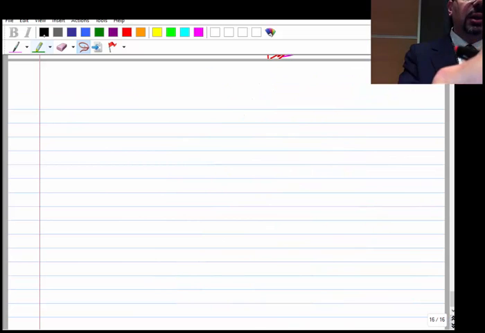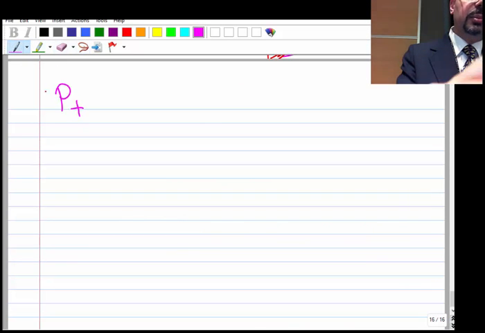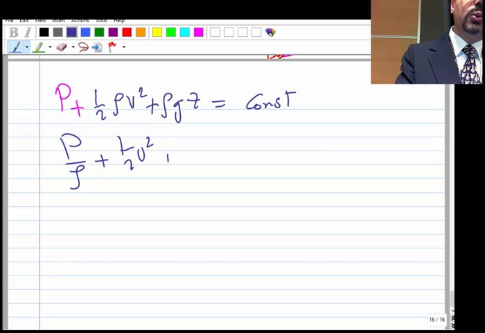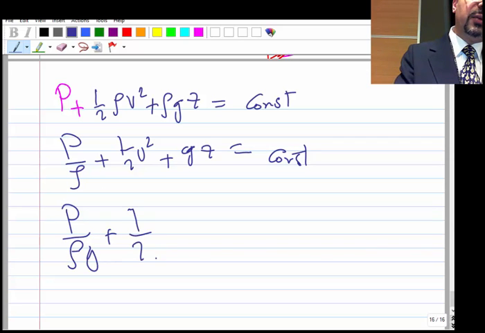You can write it as P plus half rho V square plus rho GZ equals constant, or you can write P over rho plus half V square plus GZ equals constant, or you can write P over rho G plus V square over 2G plus Z equals constant.